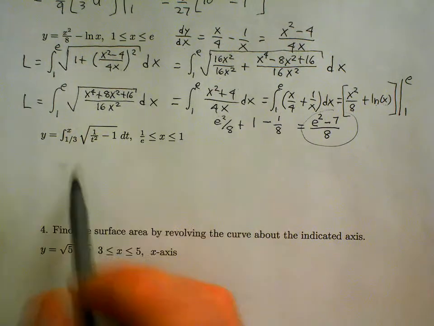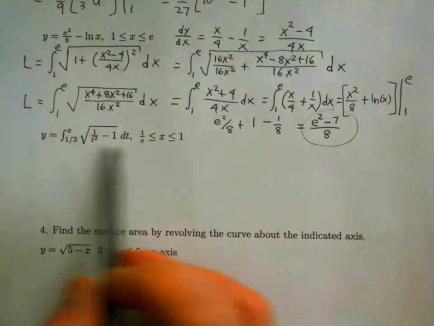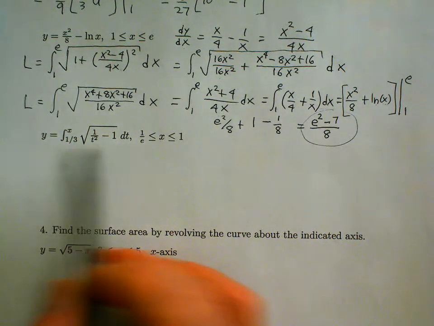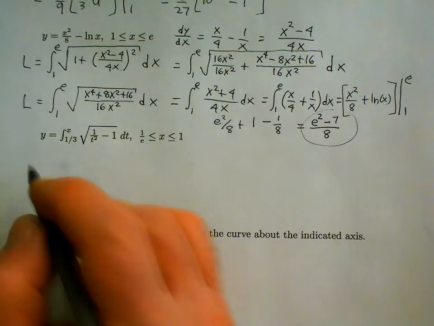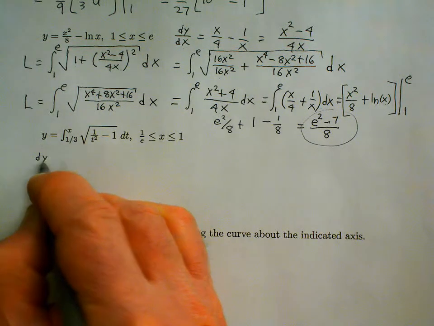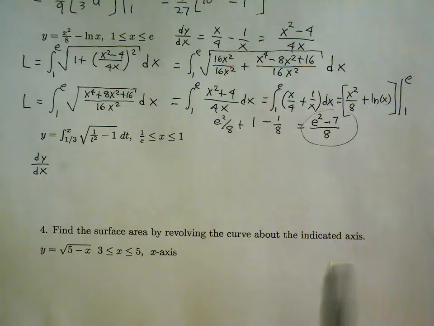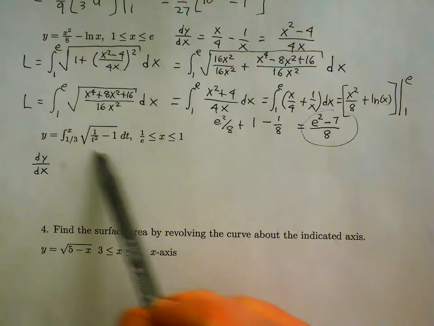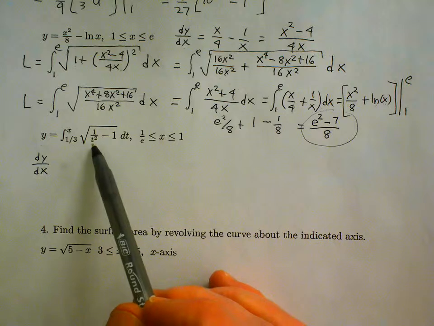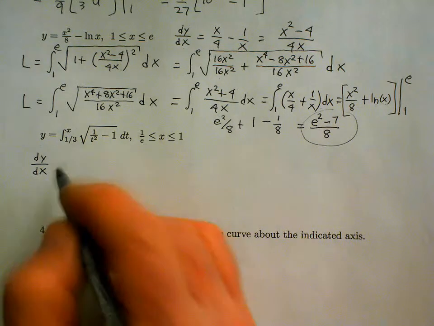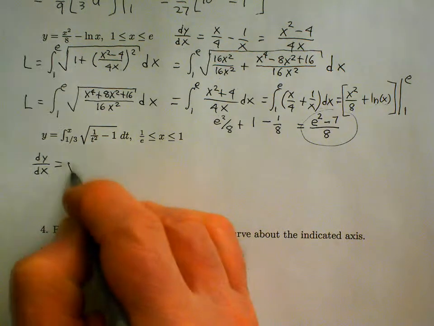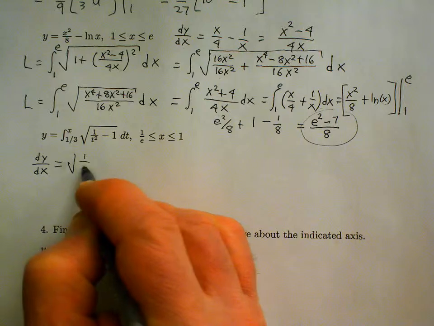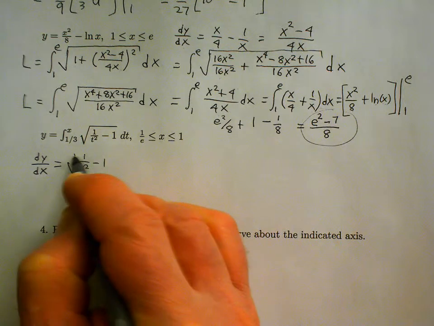Applying the fundamental theorem of calculus part 1, when we take the derivative of y with respect to x, we just take the integrand and replace t with x. So the derivative is the square root of 1 over x squared minus 1.